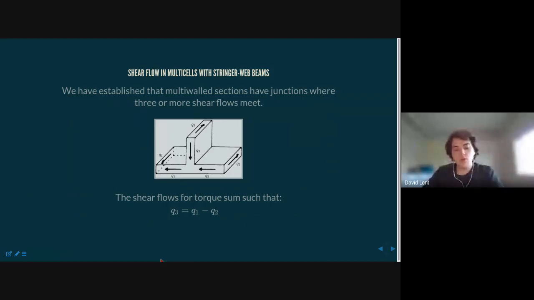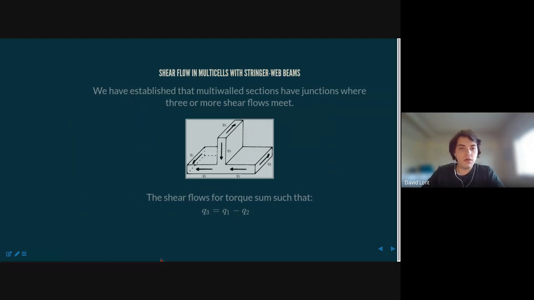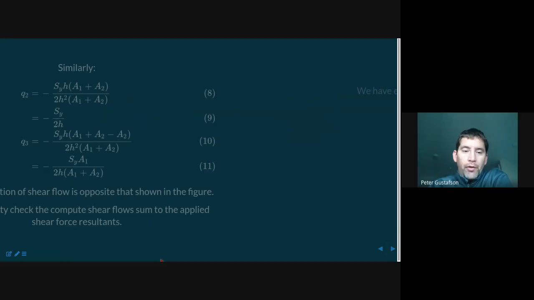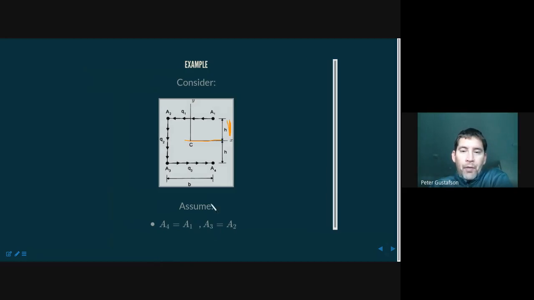I have a question. Okay. Why did you subtract the area A3 when evaluating the shear flow 3? Good question. Remember, it is the area times the y position, measured from the centroidal location.